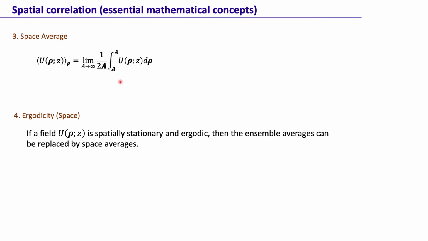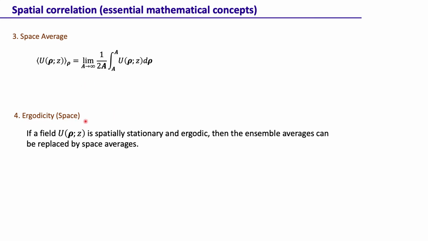So just like time average, we can also have the concept of space average, where if this is the field u(rho, z), we integrate it over space, from minus a to a, the large area that we are integrating things over, with 1 over 2a in the limit a going to infinity. That's how we can define the space average.